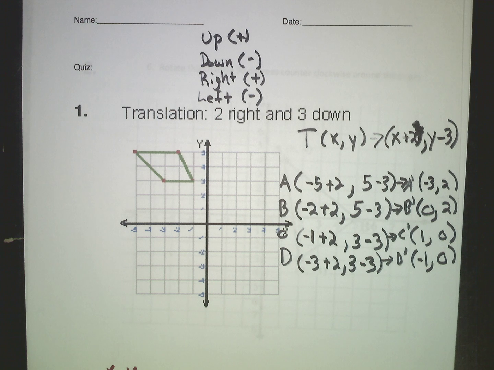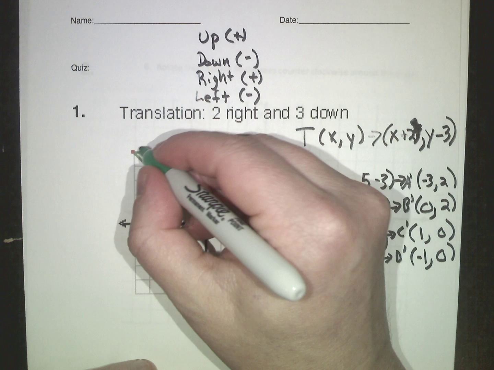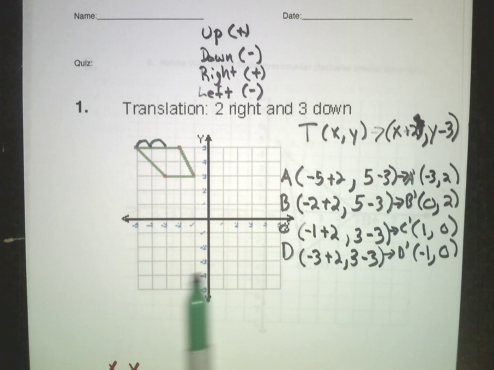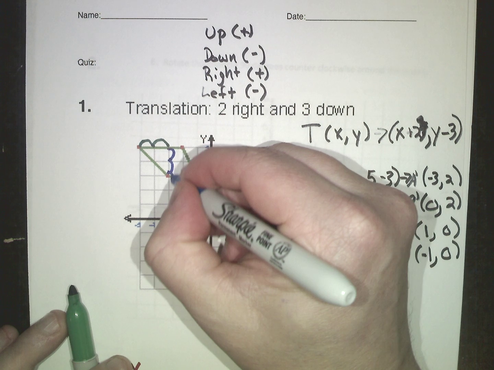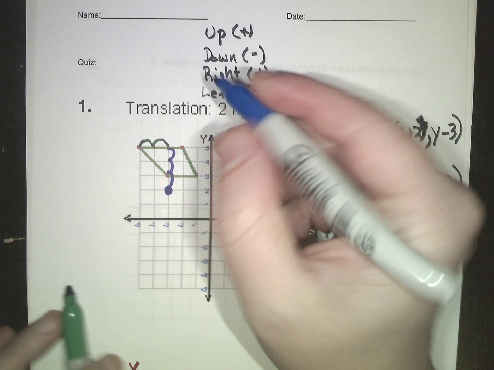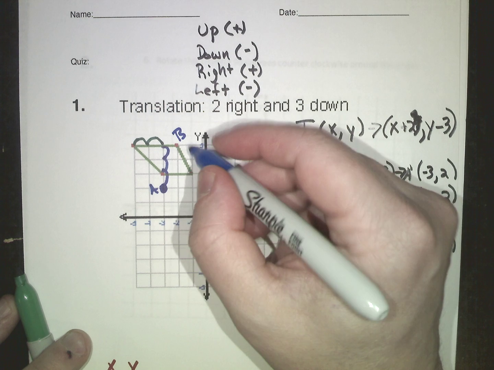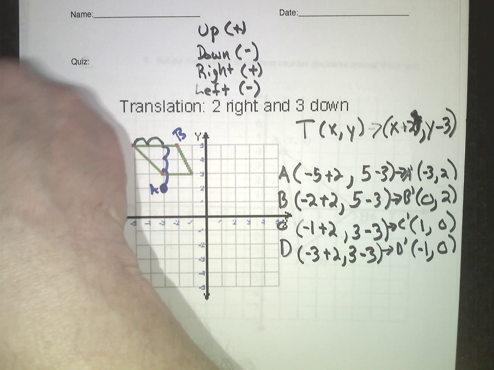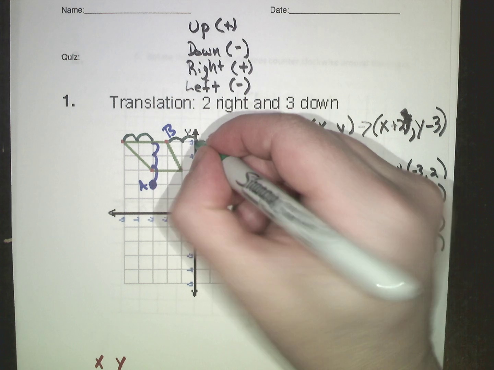So what you have to do is take the 4 points, and every point you have to move 1, 2 to the right, and then 1, 2, 3 down. So this is 1 over here. That one we call A. This one is B. So 2 right, 3 down. It's going to get a little messy here. 1, 2.